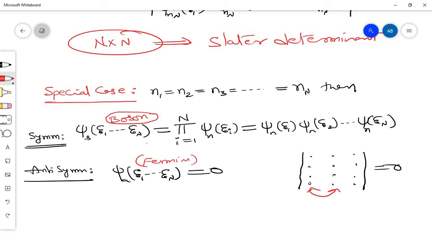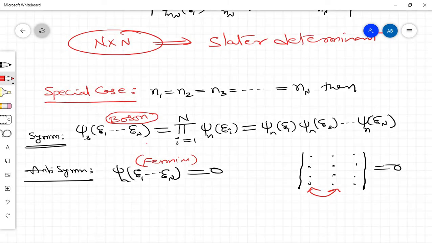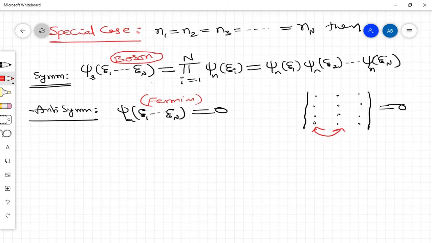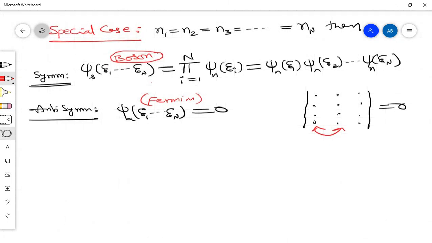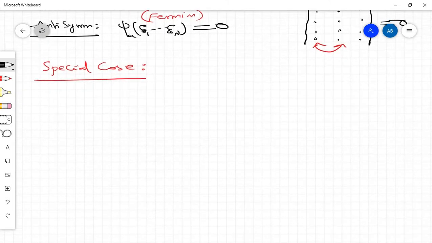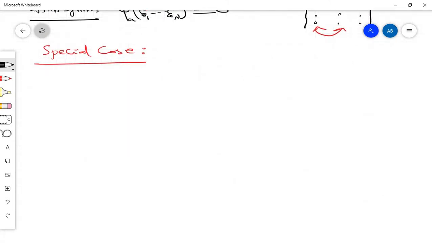So let us take another special case. Suppose not all of n1, n2, n3, ..., n are equal. Suppose only 3 are equal, n1, n2, n3 are equal, remaining are not equal. Then how to write it?